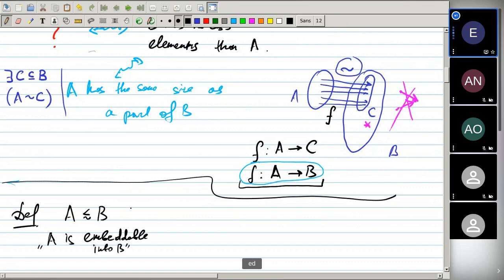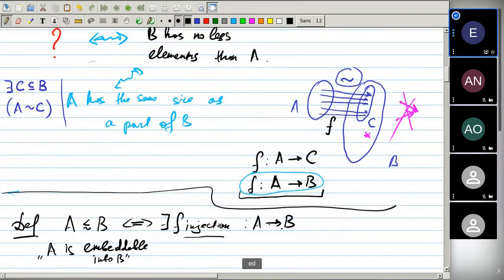There is an embedding if and only if there is an injection, not necessarily surjective, but an injective function from A to B. Is it clear? Yes.